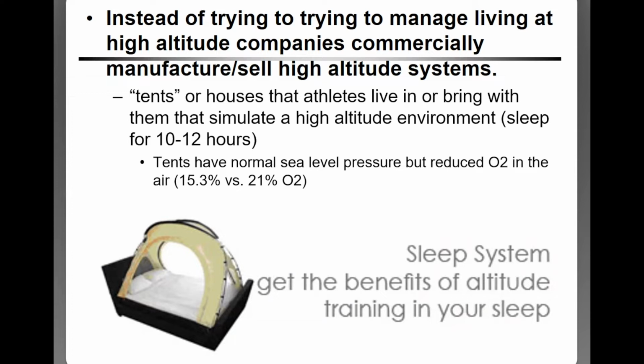This means that they would be able to train low at sea level, do their training at maximal intensity, and then at night sleep in a chamber with reduced oxygen content. So the reduced oxygen content would stimulate erythropoietin release and increase red blood cell count when they sleep.